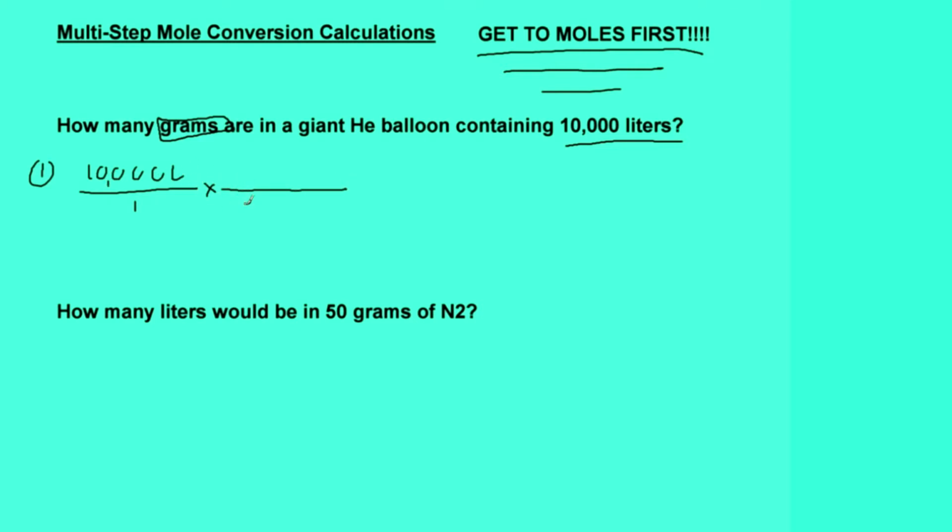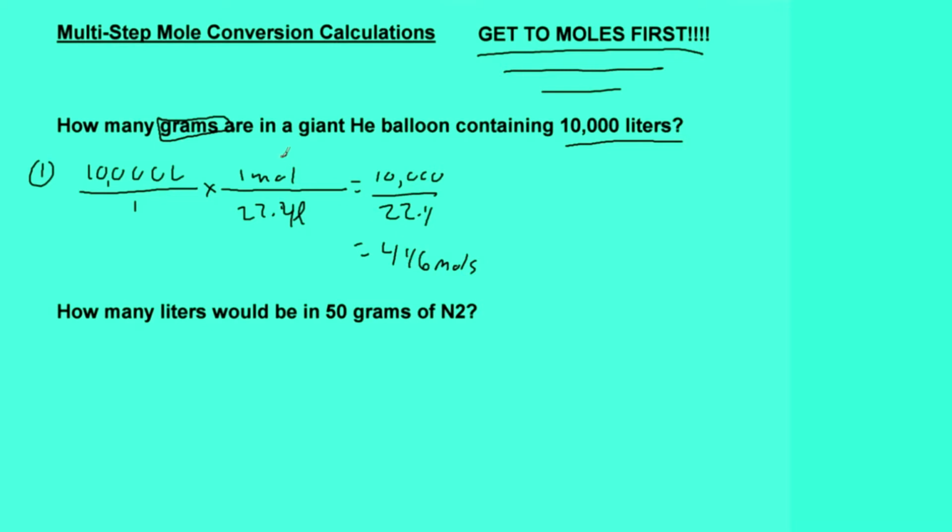Liters on top, liters on bottom. 22.4 liters is 1 mole. So 10,000 divided by 22.4 moles. Okay, we're not done though. It says grams. If our question was asking us about moles, we'd be finished.